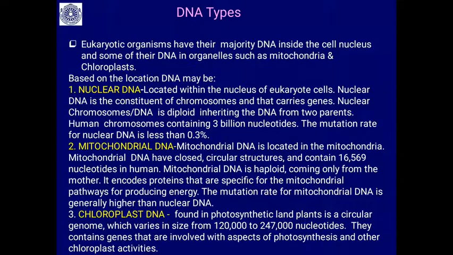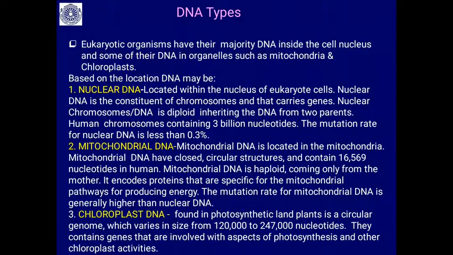So the DNA in the nucleus is inherited from both the parents. In humans, the chromosomes contain 3 billion nucleotides. The mutation rate of this nuclear DNA is very low, less than 0.3%.